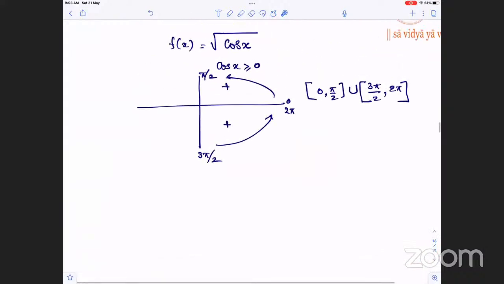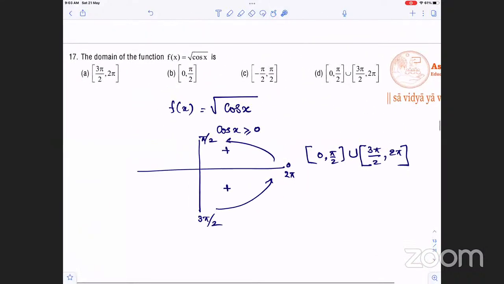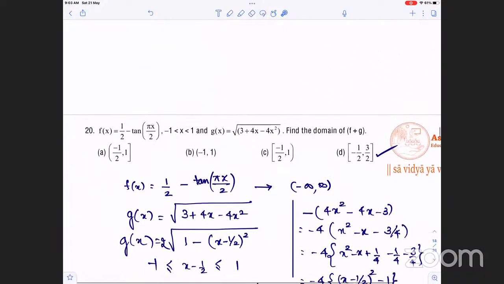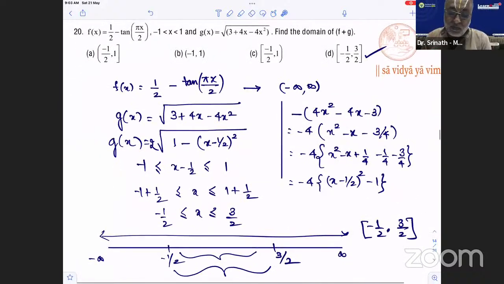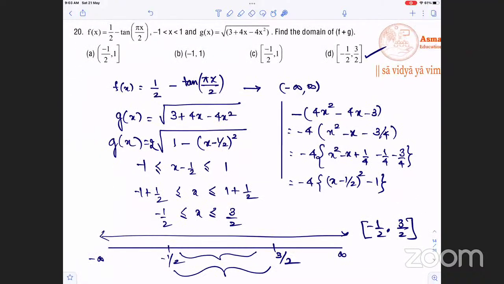Sorry, sir. There are more questions about this same question. Mr. Vivek HS has asked about the second step, where minus 4 into x square plus x minus 3/4 comes. Yes, I have done the completing square here.